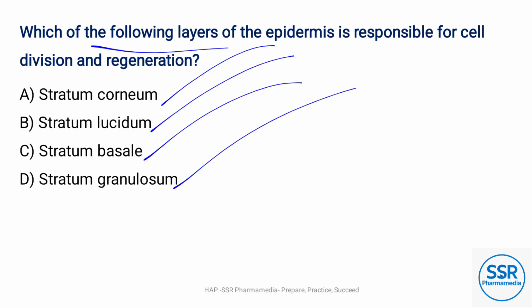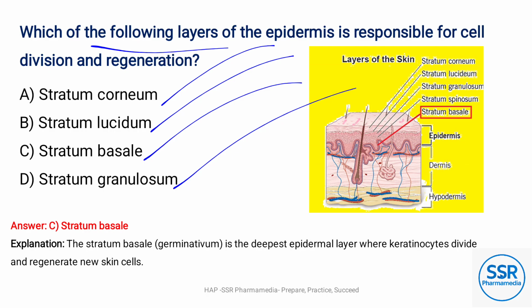The answer is option C, stratum basale. The stratum basale is the deepest epidermal layer where keratinocytes divide and regenerate new skin cells. So this part is called stratum basale.